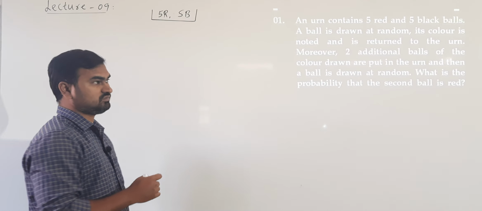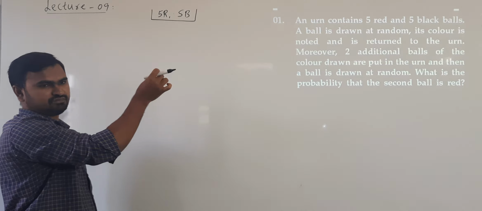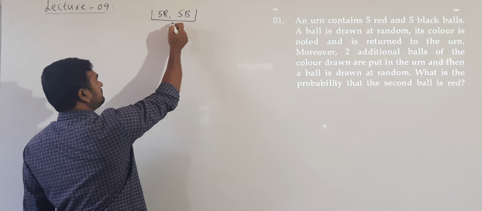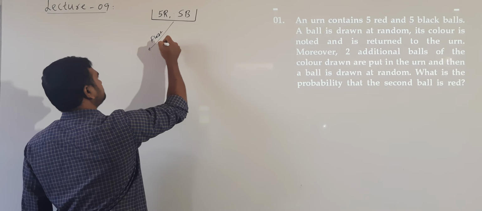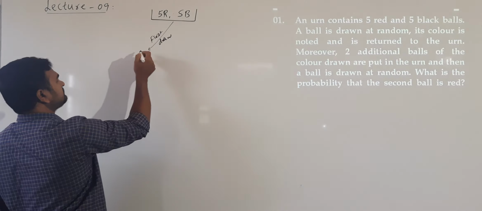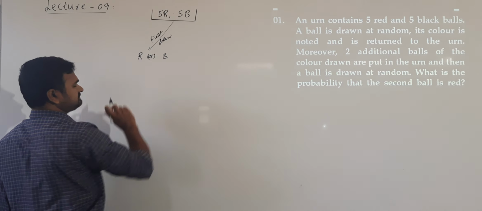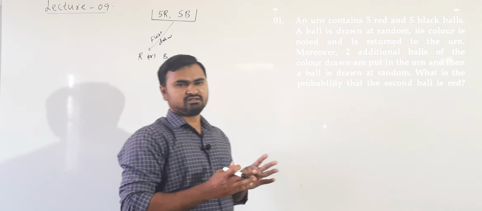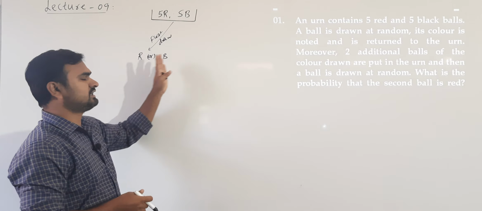In the first draw, we take one ball. What can be the color of the ball? In the first draw, it may be red or it may be black.